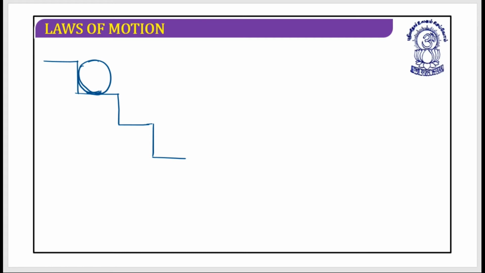This body is in contact at this point, so from here you need to draw a perpendicular, which is N1. Let's suppose this body is in contact with this surface as well. So here it's N2. You need to make a vector addition of N1 and N2 to calculate the net N. Is it clear?